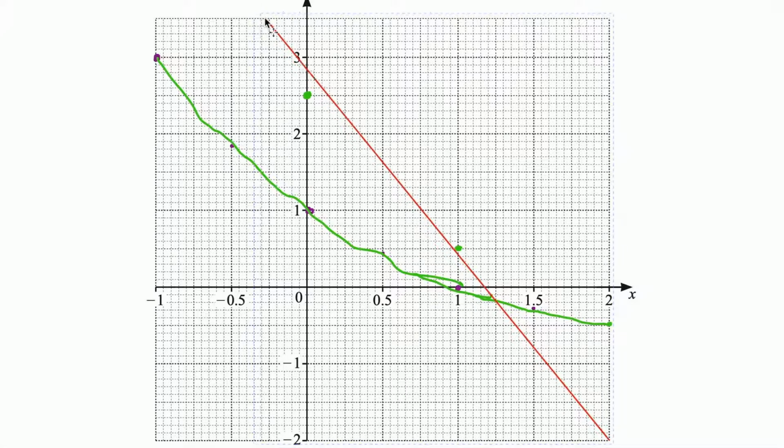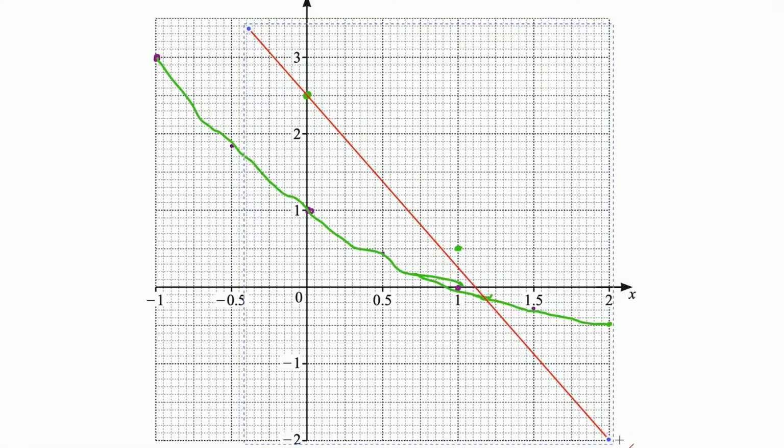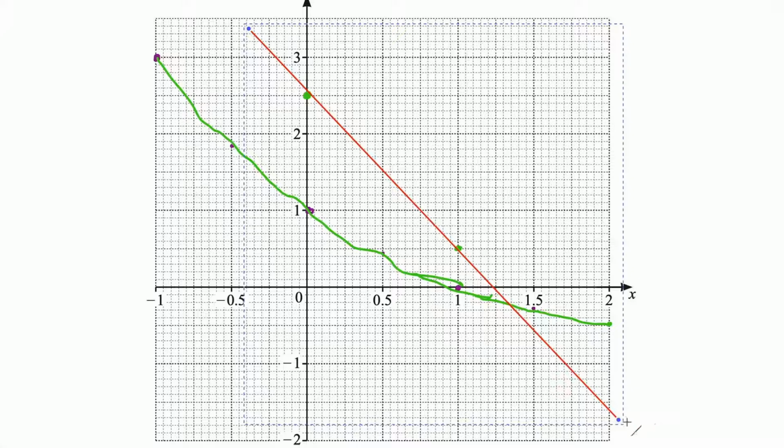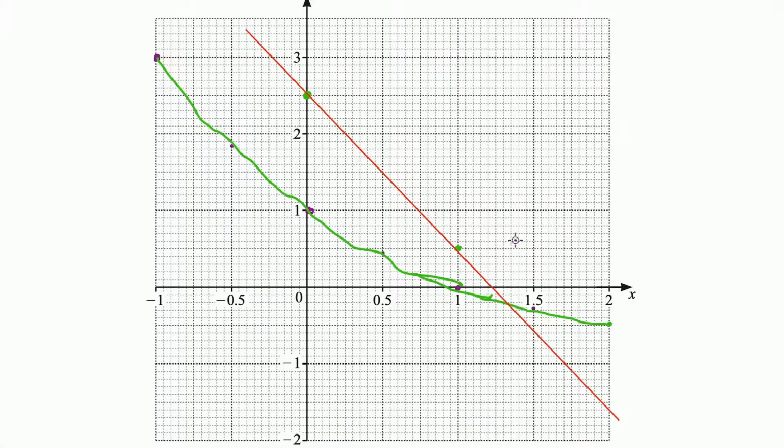So let us rearrange this, and yes, so this is the curve that we require, and we should check where it is joining. So it is joining somewhere in between 1 and 1.5. So this point.